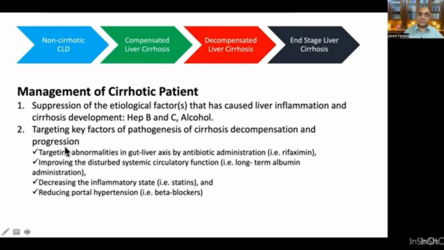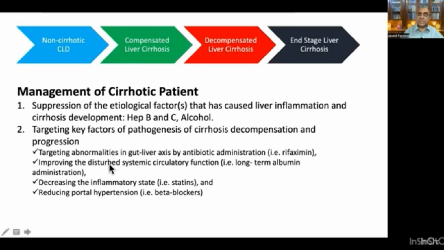And what strategies are included in this second way of managing these patients? To target the abnormalities in the gut-liver axis by antibiotic administration. Rifaximin is showing promising results, not only confined to hepatic encephalopathy, but also to spontaneous bacterial peritonitis, and also to the development of portal hypertension.